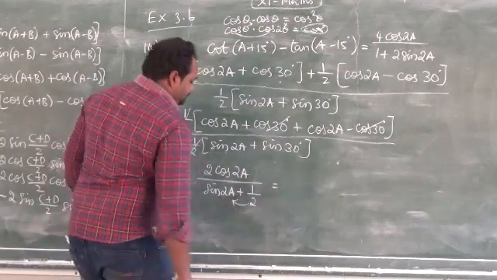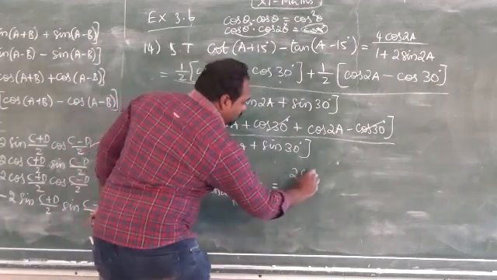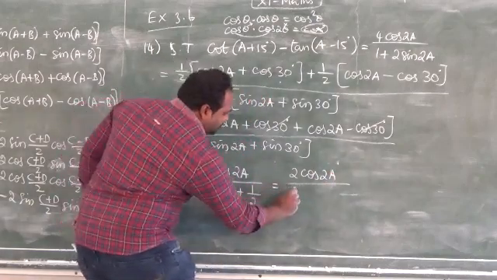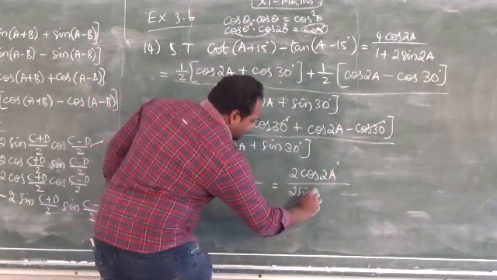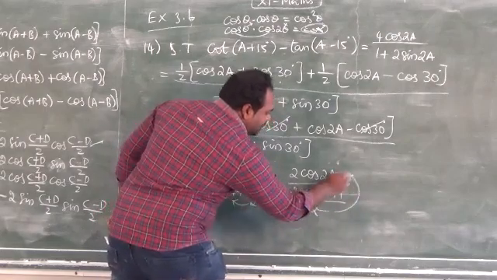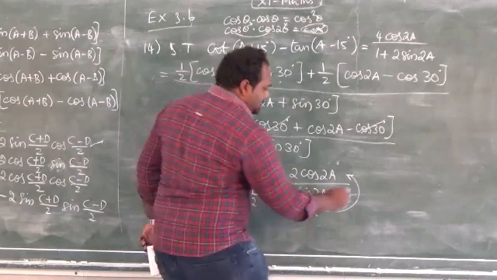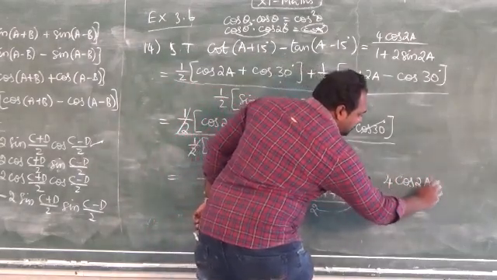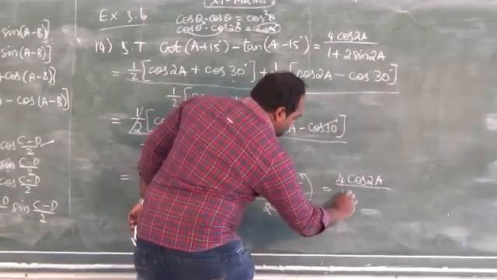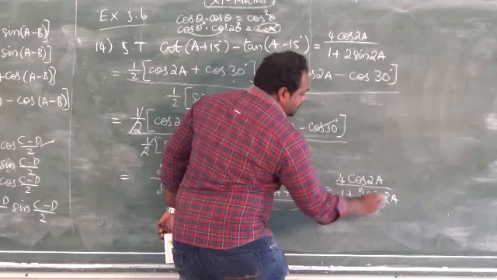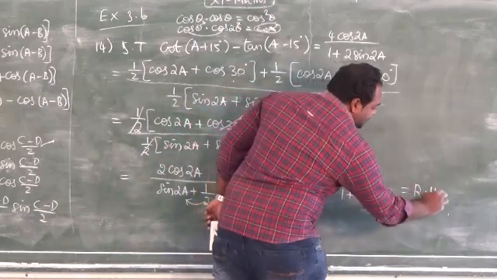Take LCM, 2 cos 2A numerator as it is. If you cross multiply, it will be 2 sin 2A plus 1 by 2. Take this denominator to the numerator, it will be multiplied with 4 cos 2A by 1 plus 2 sin 2A, which is the right hand side answer.